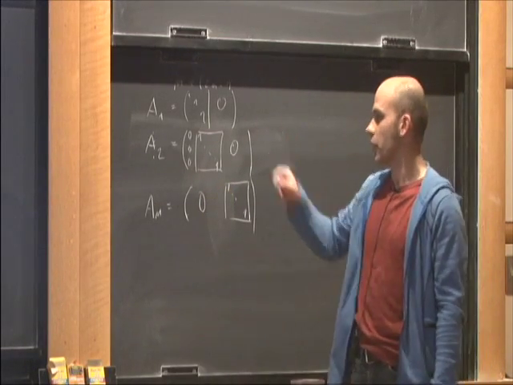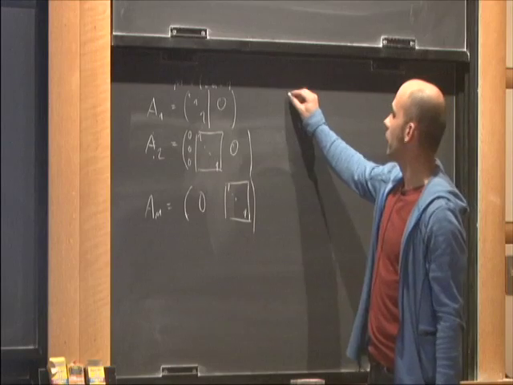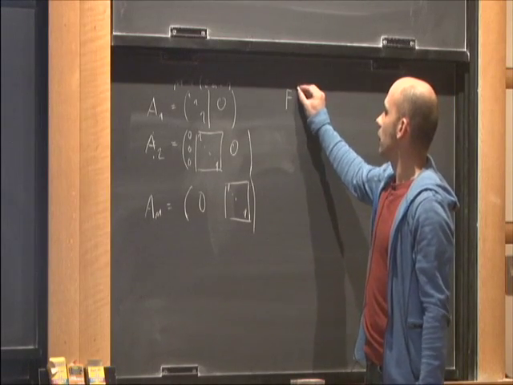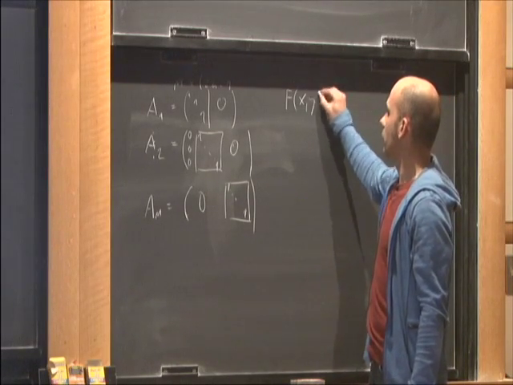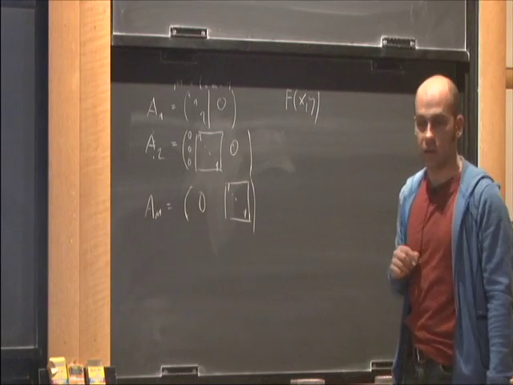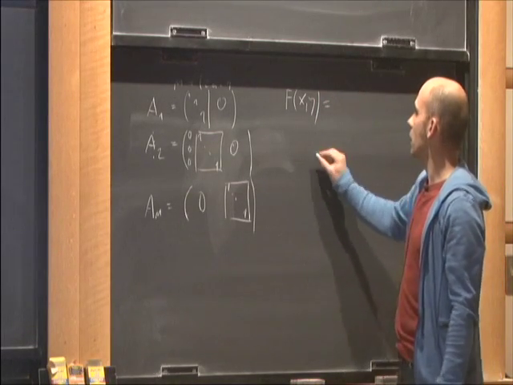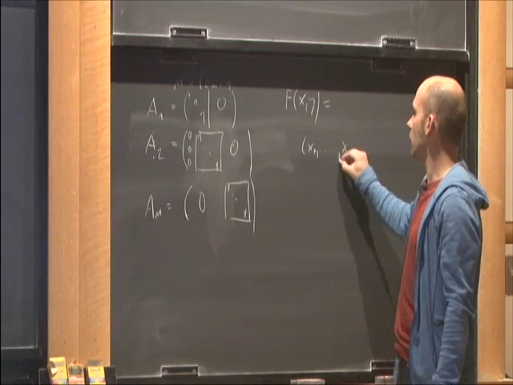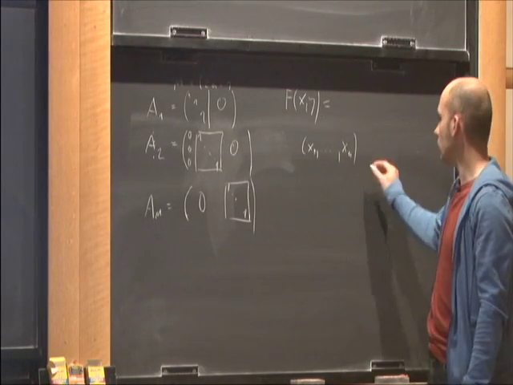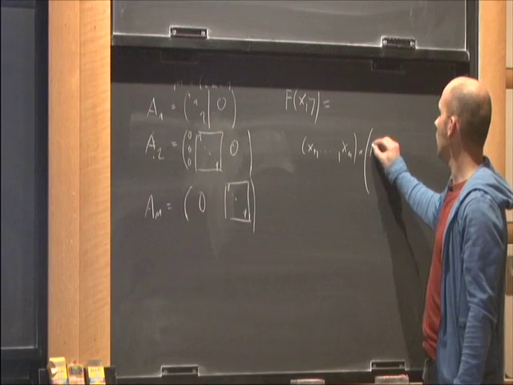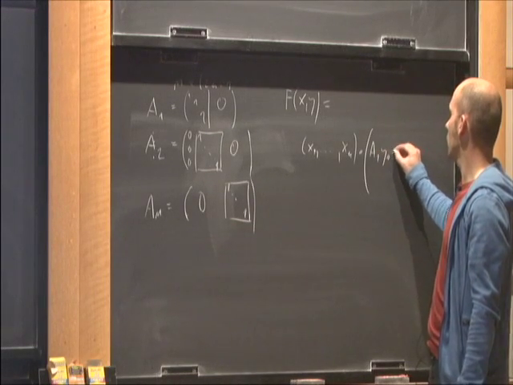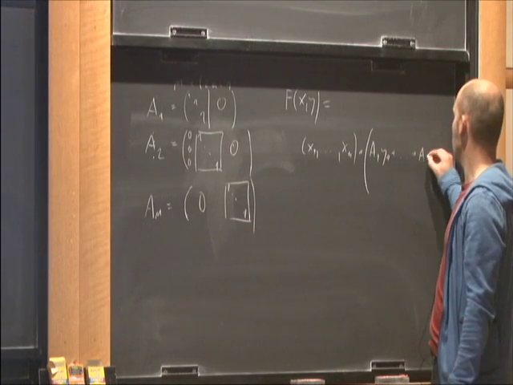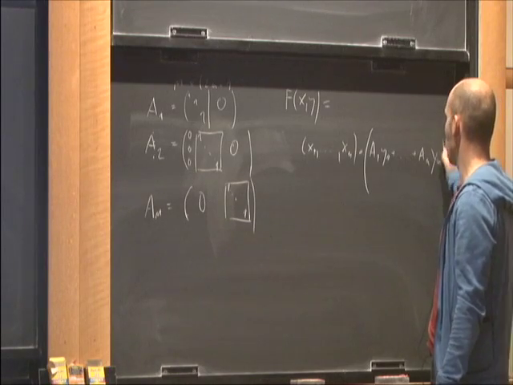So those are your matrices A1 through An, and now define the map f(x,y), where x and y are now vectors of variables, as x1 through xn, this vector, times (A1 y1 plus ... plus An yn).